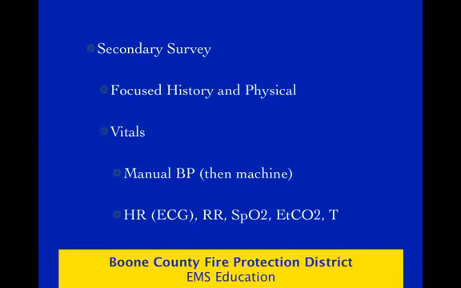So now that we've established our initial assessment, we've found at least an elevated heart rate, a concern about a potential life threat, and so we've provided oxygen, and now it's time to move to our secondary survey, which is a focused history and physical and a first set of full vital signs. So we start getting the blood pressure.